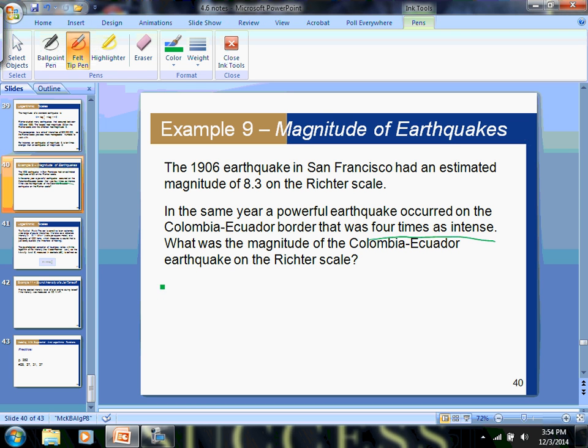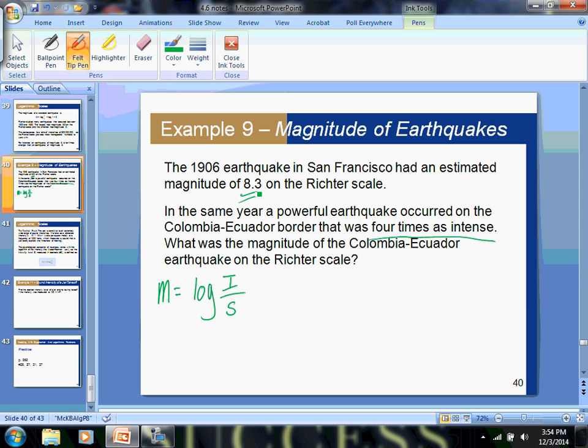So we have his equation that the magnitude is the log of the intensity over the standard intensity. Now here's how we have to work through this problem, because they don't really give us a whole lot of information that we can use quite yet. He gives us the measurements for San Francisco, so he gives us I over S, or even log of I over S for San Francisco, which is going to be 8.3.